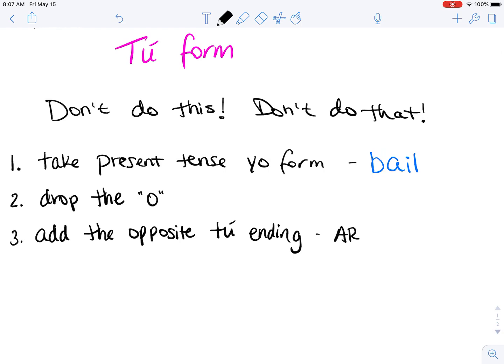For AR verbs, you're going to add es. And for ER and IR verbs, you're going to add as. So since bailar is an AR verb, we're going to be adding es.